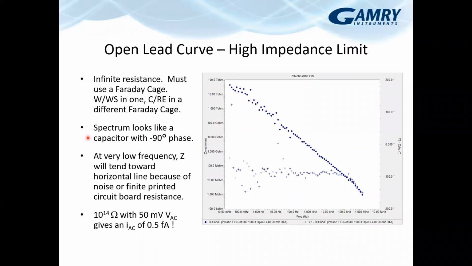So the way that it should look is like a capacitor. You get roughly minus 90 degrees on the phase, and you've got a 45-degree angle straight line going up as you go from high to low frequencies. At very low frequencies, and this one's only going down to a little over 10 millihertz, so not super low, you can see this start to roll over.